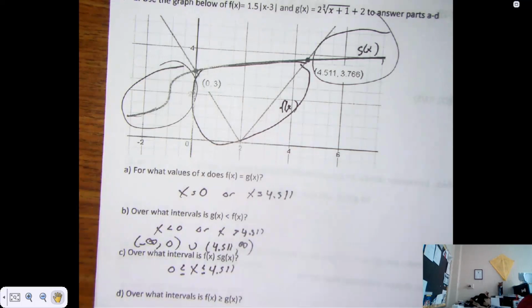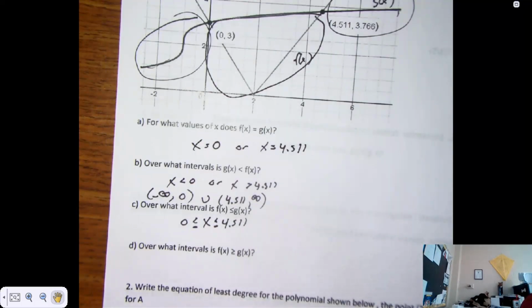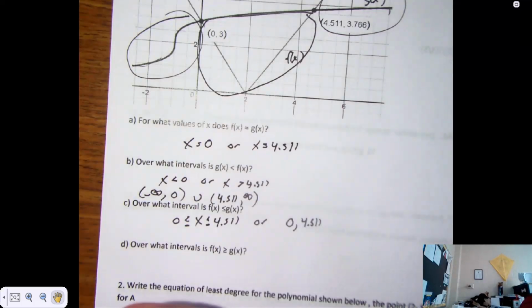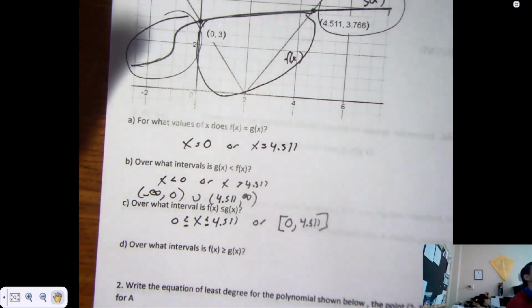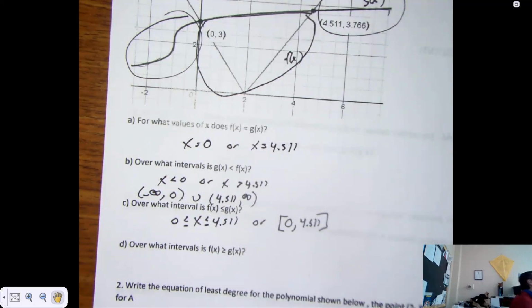It's a less than or equal to. That's what it looks like using good old inequality form. What's it look like as an interval? 0, 4.511. Yeah, that's half of it. Nope. Brackets. Stuck between those two values.